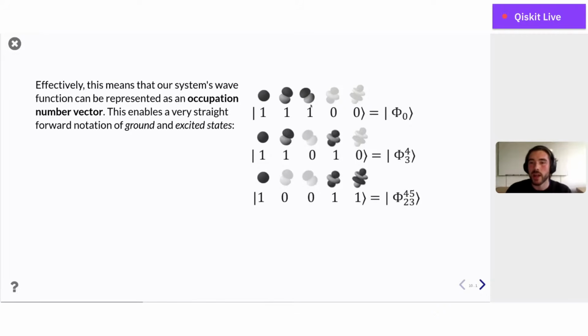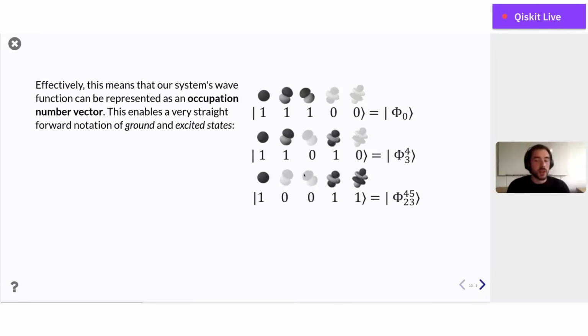And we can now apply an annihilation operator on the 3rd orbital and a creation operator on the 4th orbital to create an excited state. And now all of a sudden we have an excited state wave function representation, where we have hopped one electron into another orbital. And we can apply that multiple times in order to create doubly excited state functions.